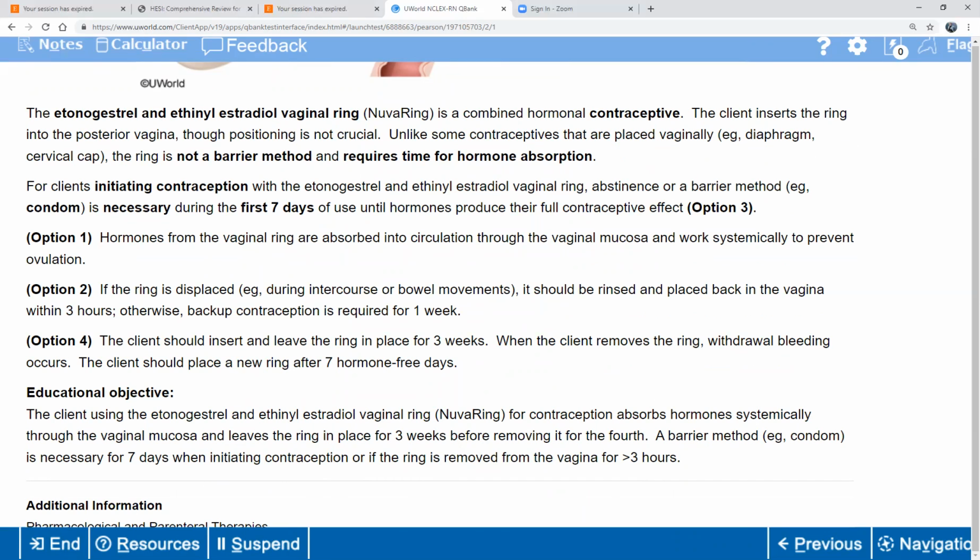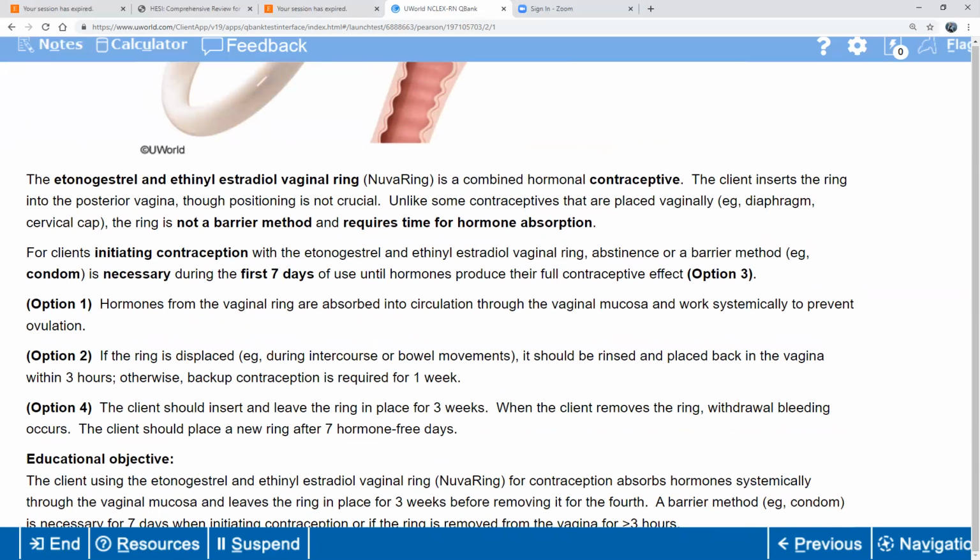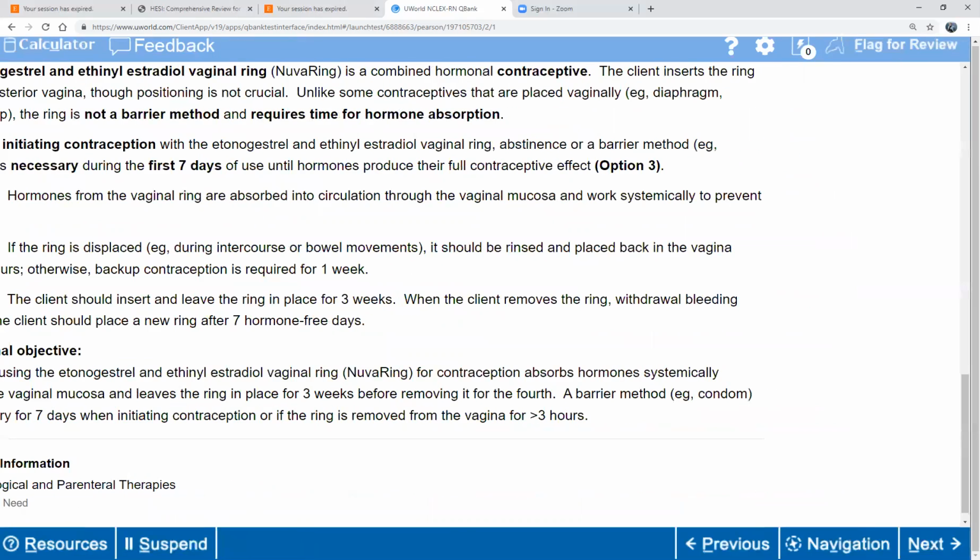Okay. And then it goes back in. Because otherwise the person probably won't have a period because of the hormones. Okay, wow. Yeah.